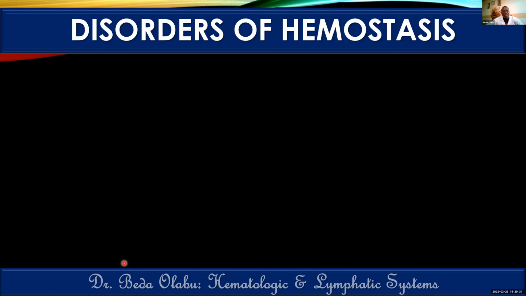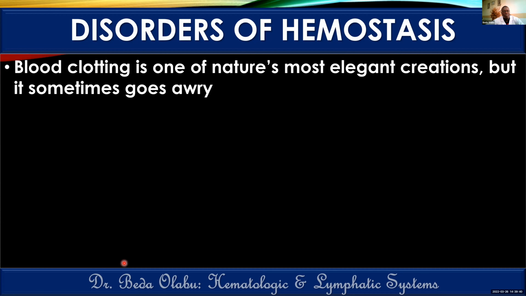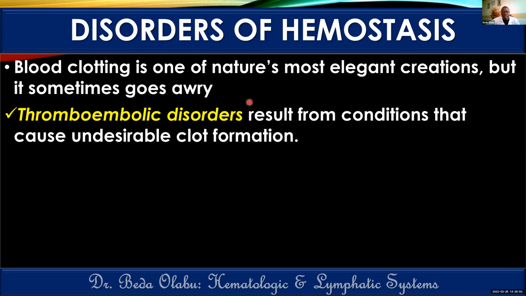All right, let's finish with the disorders of hemostasis. We know that blood clotting is one of nature's most elegant creations, but sometimes it may actually go wrong. So that is why we have disorders of hemostasis. We can classify them into two major categories.